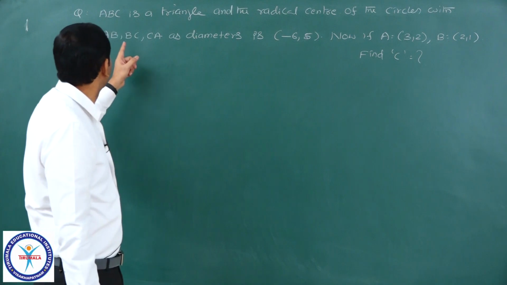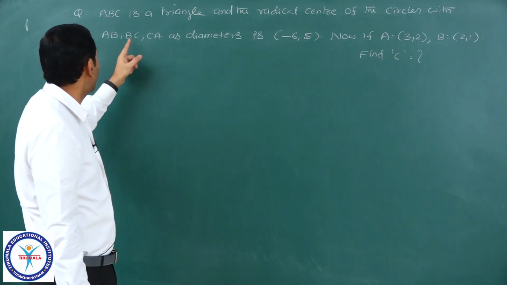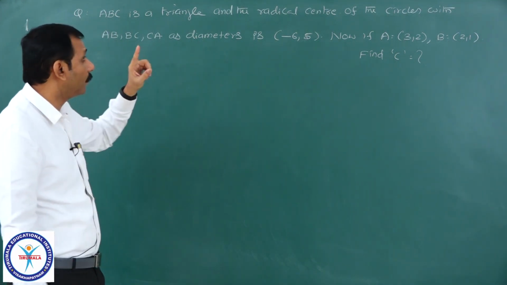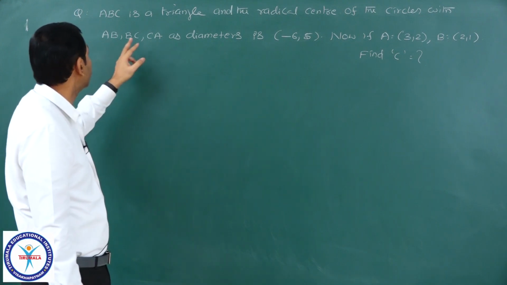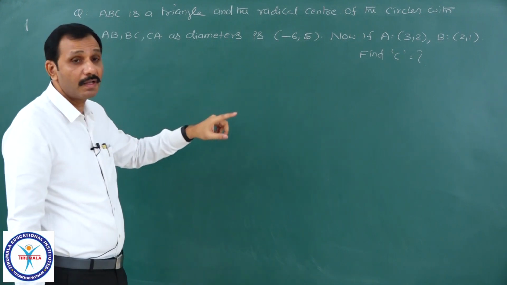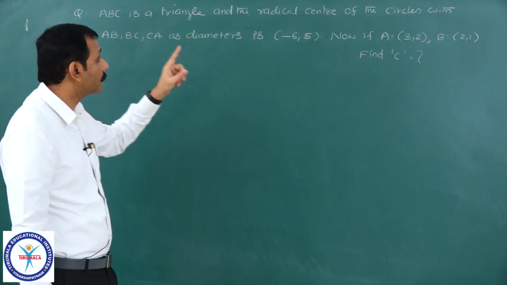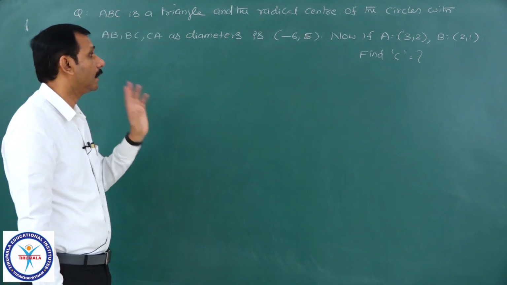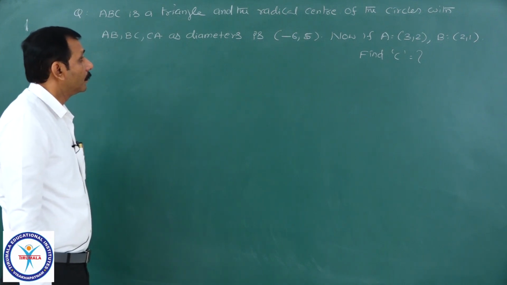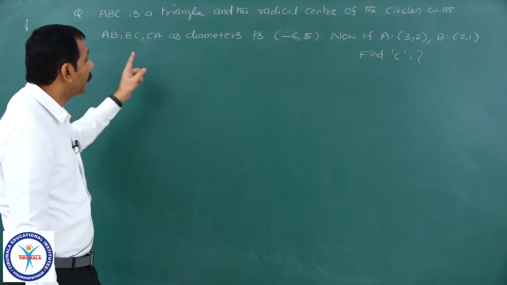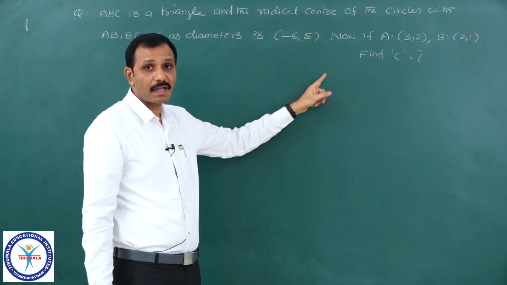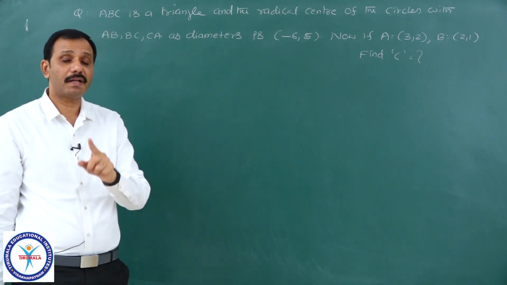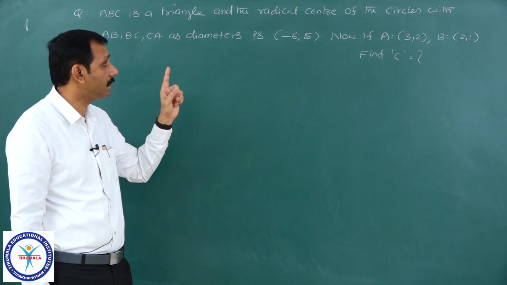Therefore, here AB, BC, CA are the sides of the triangle, and if you draw the circles with these as diameters, then the radical center of those three circles will be the orthocenter of triangle ABC. So here the radical center is given as (minus 6, 5), which means the orthocenter of the triangle ABC is (minus 6, 5).